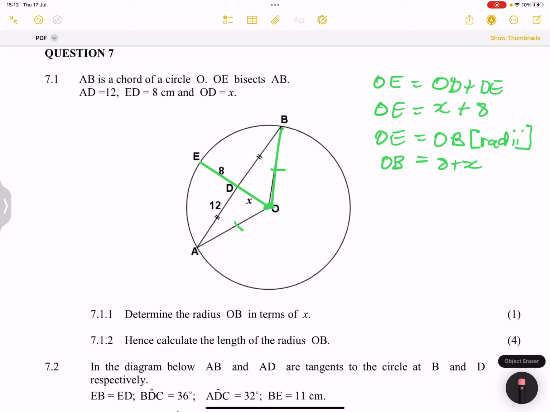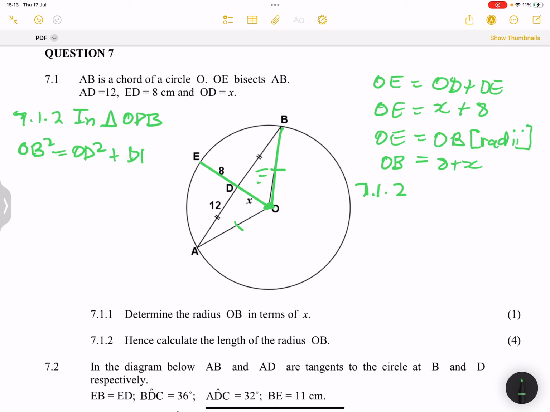So for 7.1.2, in triangle ODB, I know that OB squared would be equal to OD squared plus DB squared.